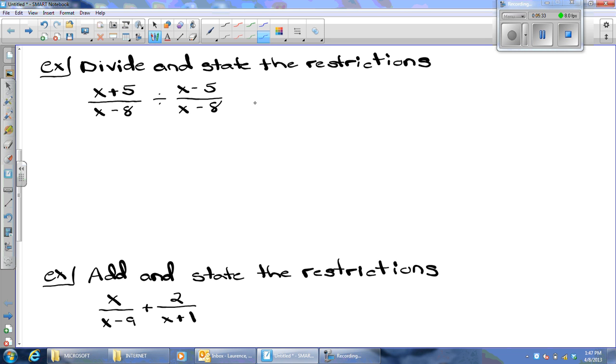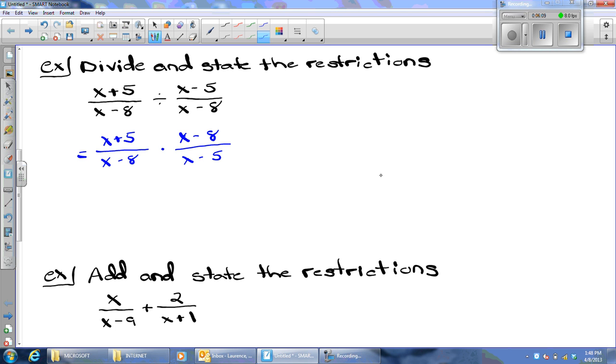So we are going to set that equal to x plus 5 over x minus 8 times x minus 8 over x minus 5. We just flipped the numerator and denominator and changed the division to multiplication, just like we would when dealing with fractions.